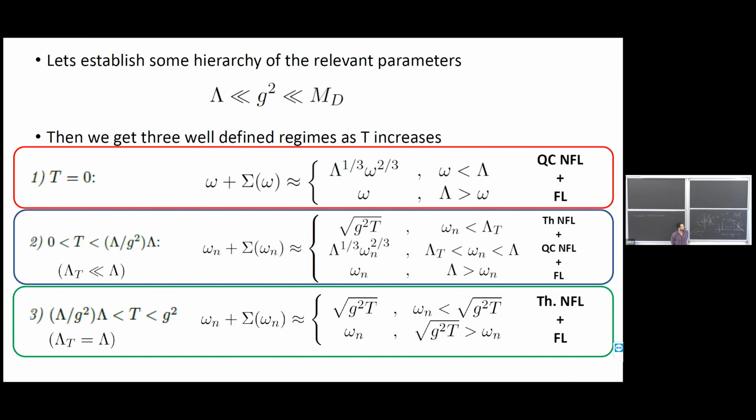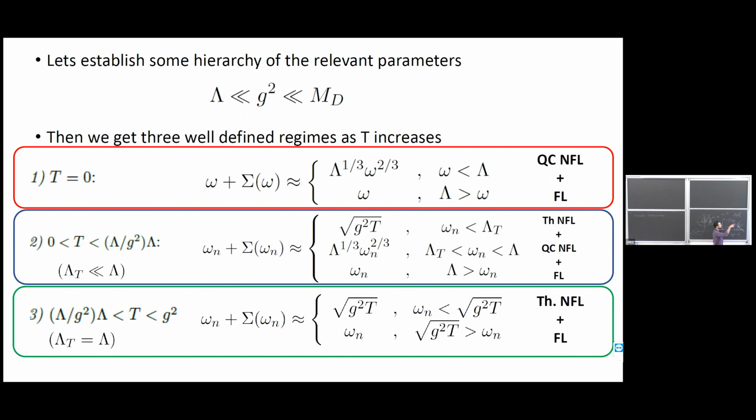For frequencies up to lambda_T, we will find a thermal non-Fermi liquid. Within a window between lambda_T and lambda, we will find quantum critical non-Fermi liquid. Let me just emphasize that if the temperature is low enough, this lambda_T is very small, and the window of quantum criticality is very large in comparison to the thermal non-Fermi liquid.